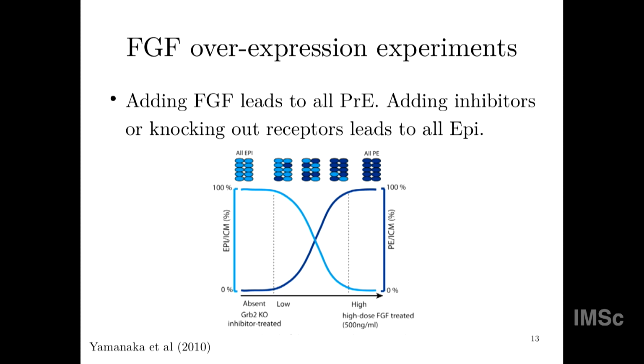But it turns out there's something called the FGF signaling pathway, where FGF is just a protein, and as you increase the levels of that protein, you get all primitive endoderm. As you inhibit the levels of that protein, you get all epiblast.